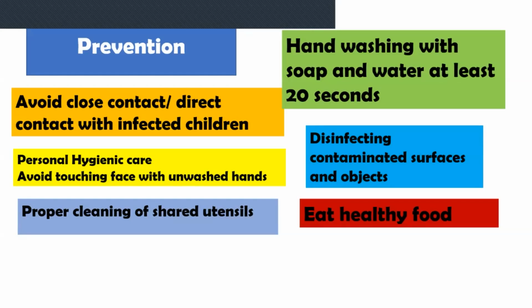Mom should take care of the child because the child has blisters in the mouth, so they cannot eat. But we need to maintain and encourage the child to take some nutrition or healthy food. This is the way that we can take care of the child and prevent getting the disease.